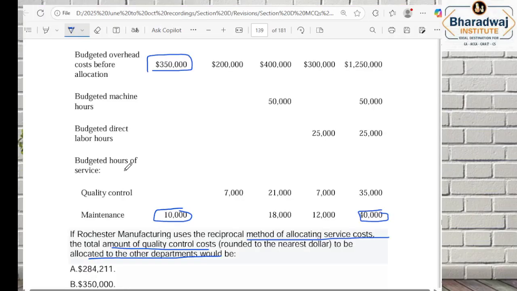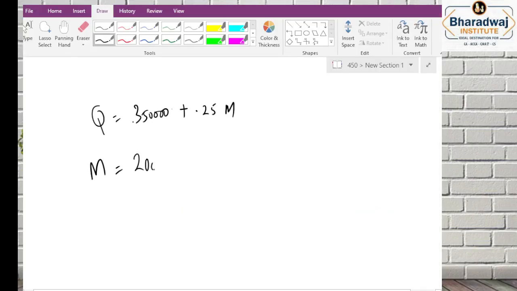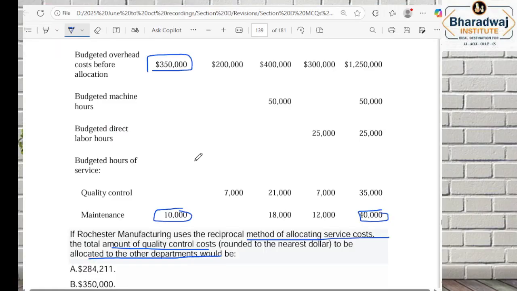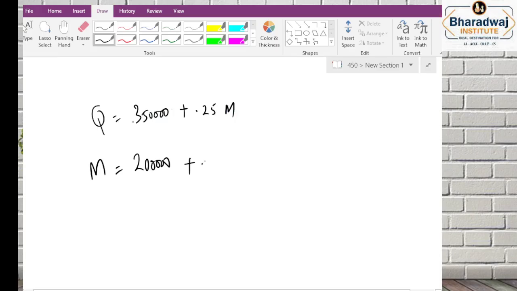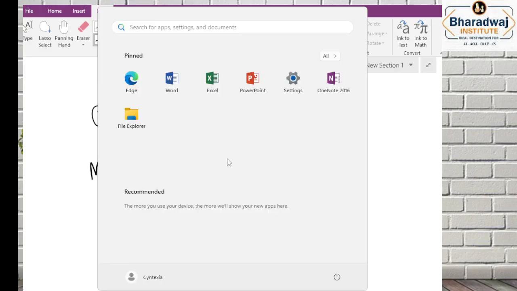Maintenance is equal to 2 lakhs plus 70,000 out of 35,000, which means 7 by 35, is nothing but 0.2 Q. Solve this.